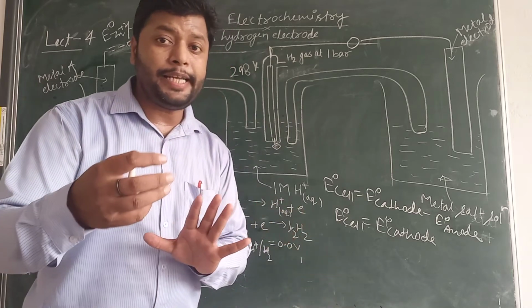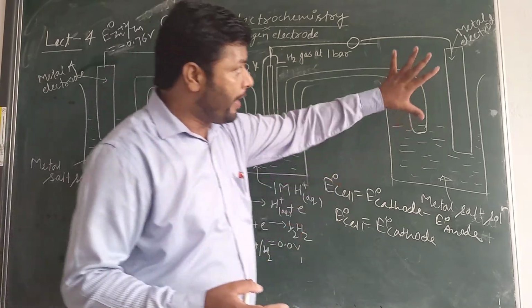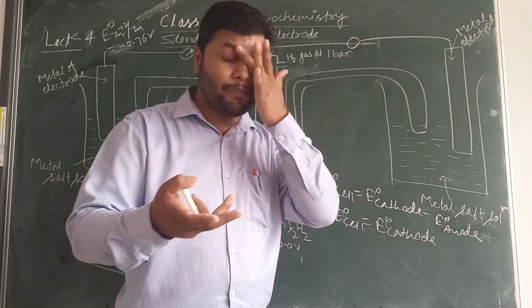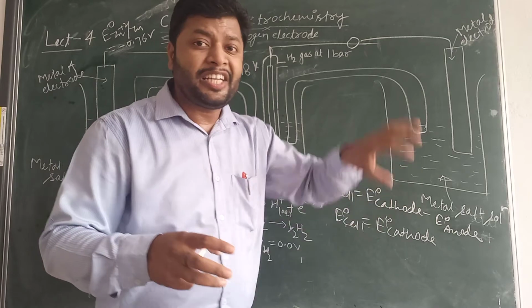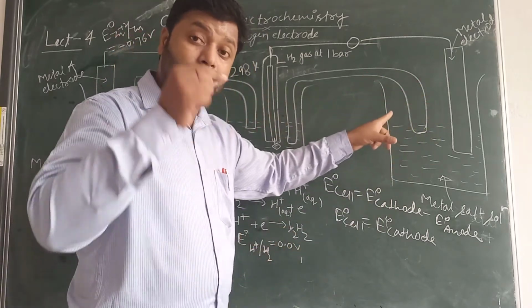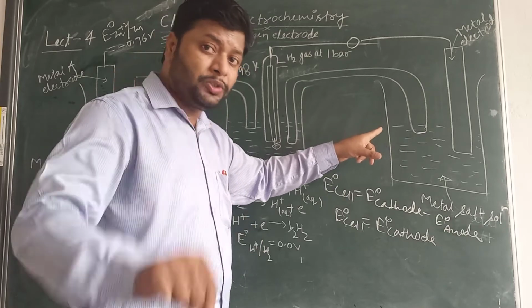So the second possibility is whenever metals have a tendency to become cathode compared to hydrogen electrode, the cell potential has the same value with a positive sign.